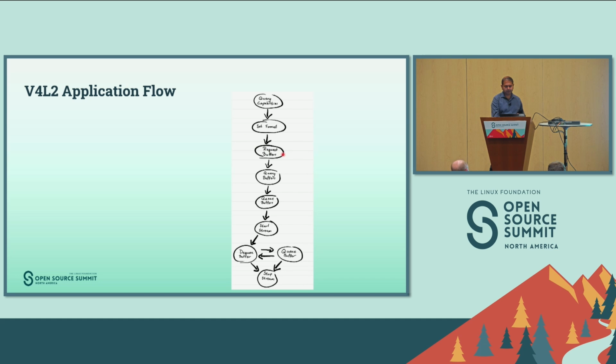You can query buffers, find out characteristics of the buffers, stride lengths, and things like that. Then you queue buffers, and there's a streaming loop where you start stream, and you constantly dequeue and queue the buffers and keep continuing within that, and then stop stream. So this worked very well for simple cameras, especially cameras that were external to the SoC.